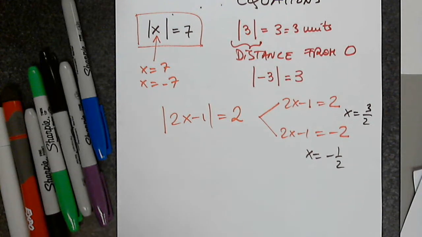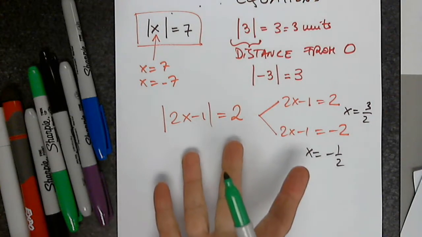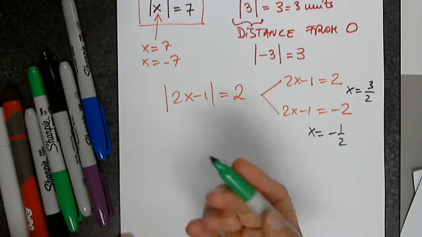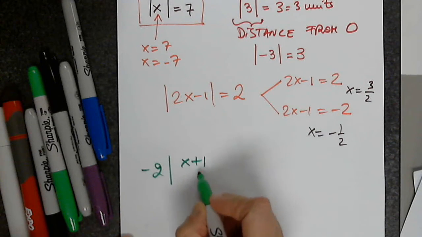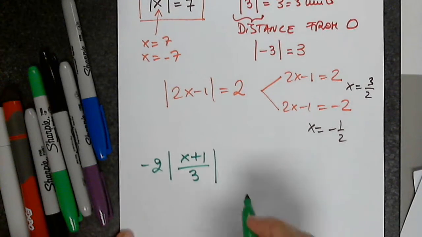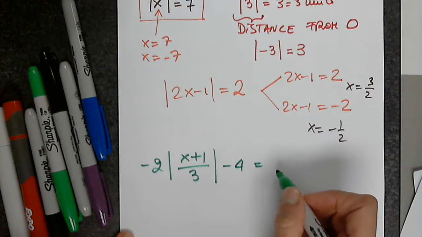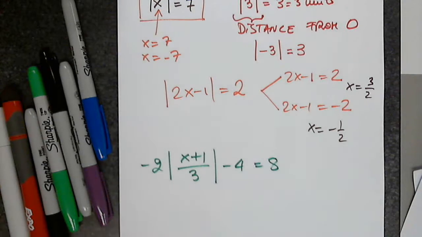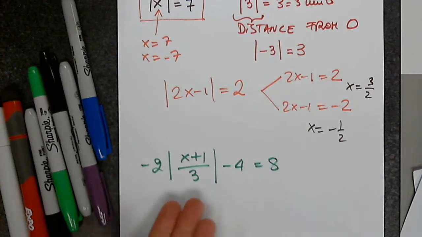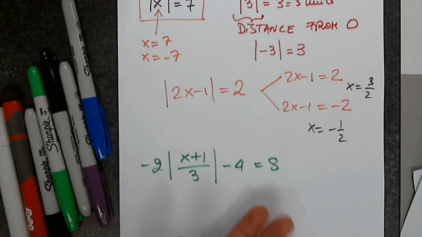Of course, I can have different variations, and I can make it as complicated as possible. For example, -2, the absolute value of x plus 1 divided by 3, minus 4 equals 8. Well, this needs cleaning up, right?